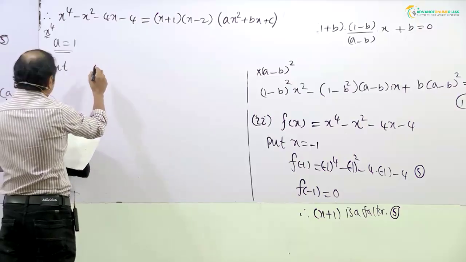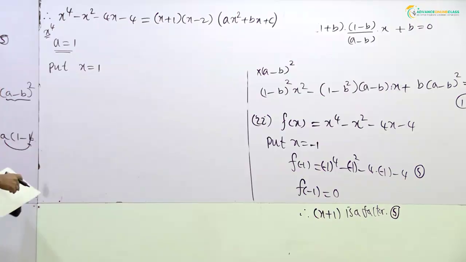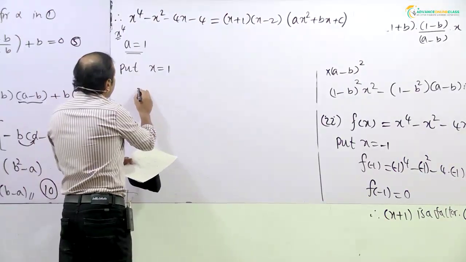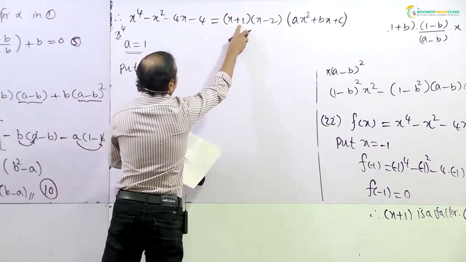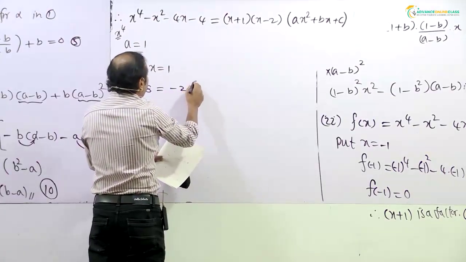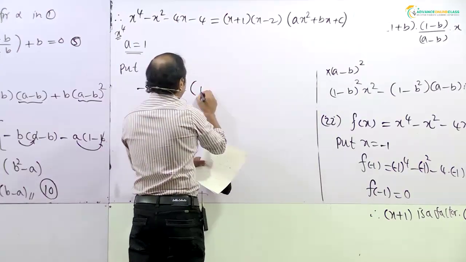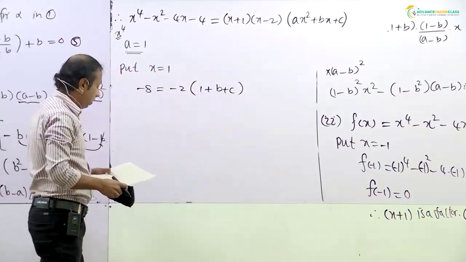Next one, we put x equals 1. You can put any value for x because this is an identity. When you put x equals 1, left hand side we get minus 8. Right hand side we get here 2, here minus 1, then minus 2. X equals 1 brings here, now a is 1, no? 1 plus b plus c.